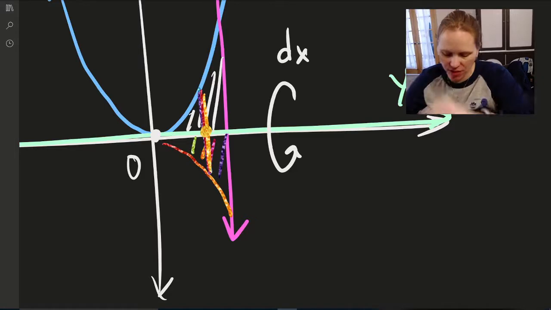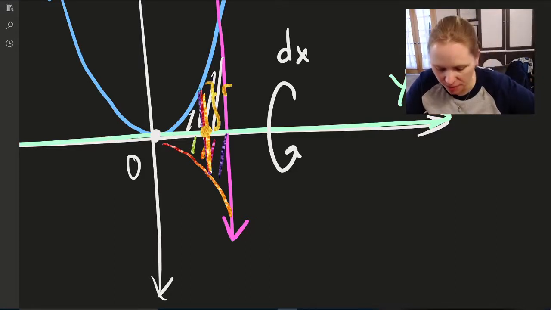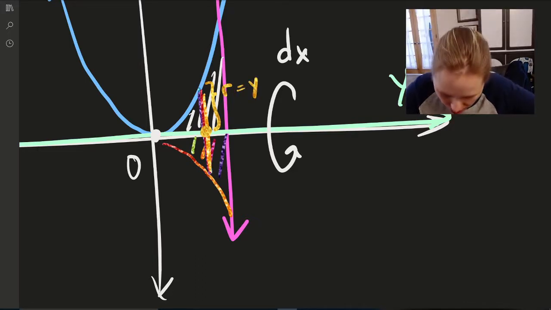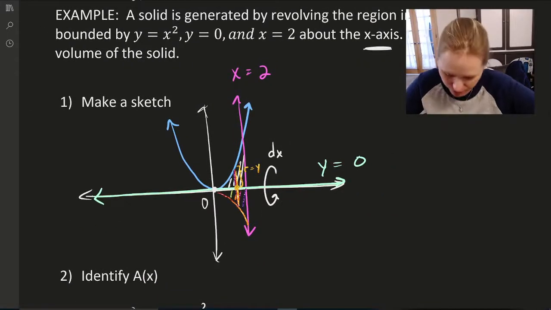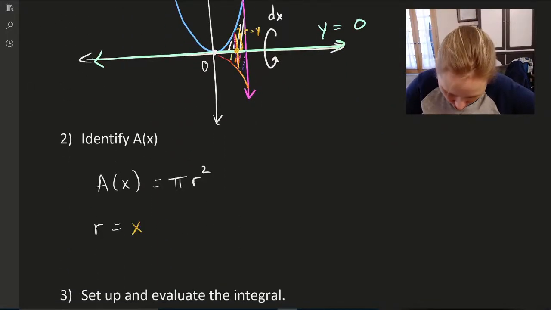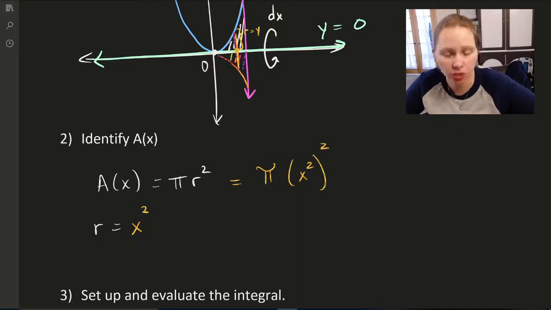And to figure out the radius, this distance here, this is my radius. Well, the radius is the y value. It's the y function. So what is y? Well, y is x squared. So r equals x squared. So now there's my radius. So my function is pi times x squared squared. There's my area function. That's easy.